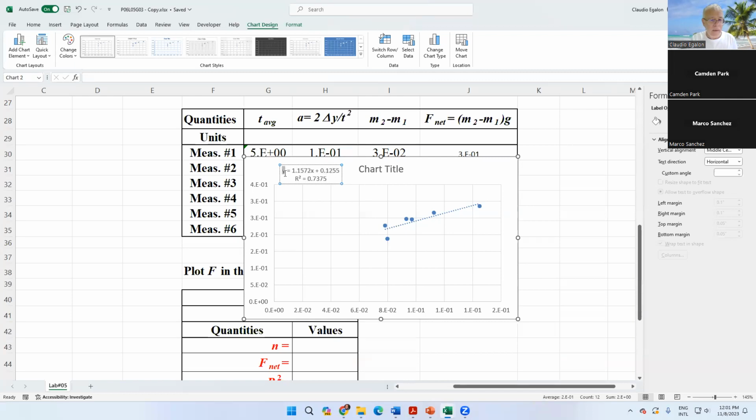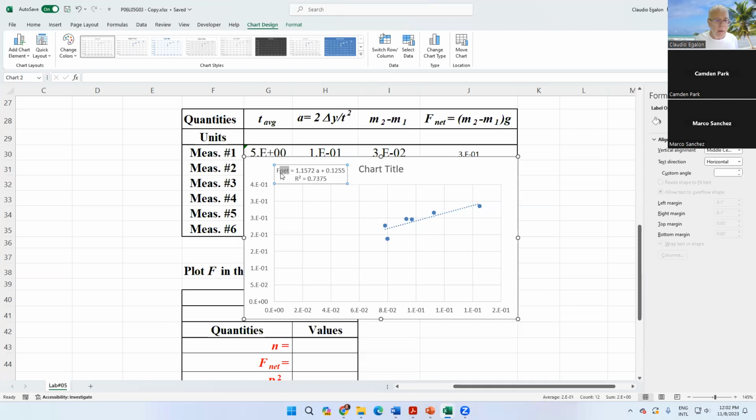Here is F net, and here is the acceleration. Oh, okay. So the x becomes the acceleration. Yeah, that's what it's all about, right? We plot a along the x-axis.